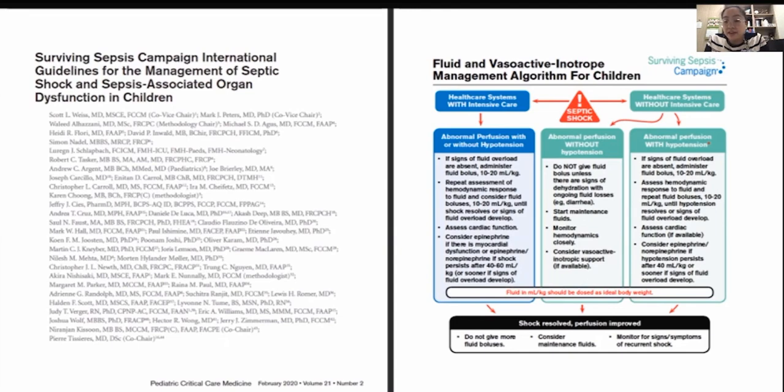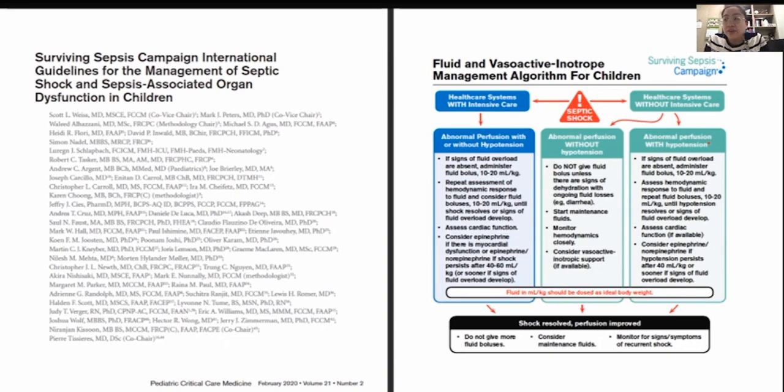They would give 10 to 20 mils per kilo, and they would continually reassess the child until either shock resolves or fluid overload develops, and also commence early inotropic support if necessary. If you are in a healthcare system without intensive care, based on the evidence that was provided with the FEAST trial, it says do not give fluid boluses unless there are active signs of dehydration, such as diarrhea.